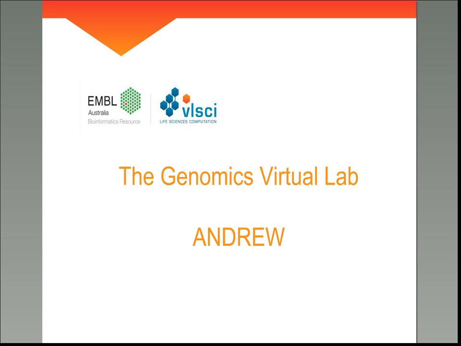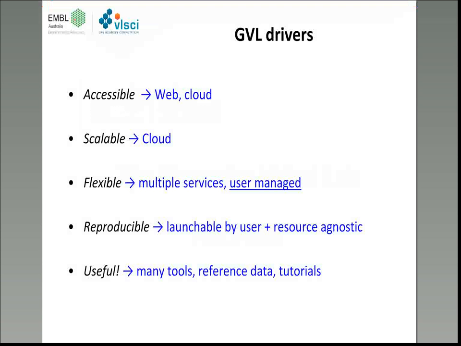It's driven by a number of the characteristics that I just discussed when we broke down the problem of providing a training environment. That is, it's designed to be highly accessible, by building it on the cloud and making it available through the web, to be scalable by building it on the cloud, to be flexible through providing multiple services and providing the ability for the user to actually manage their environment.